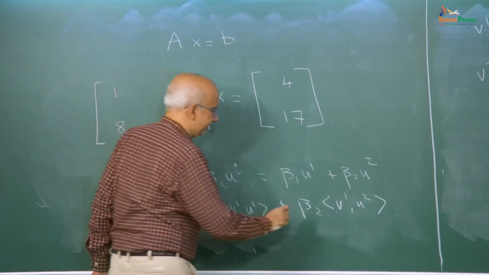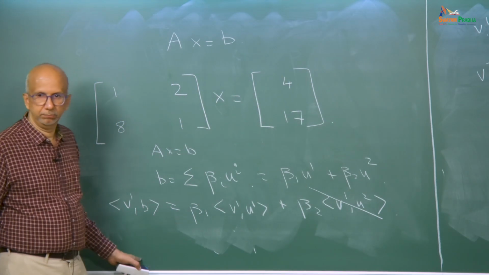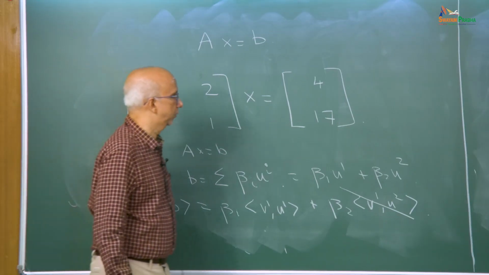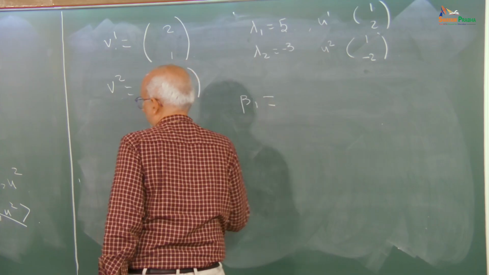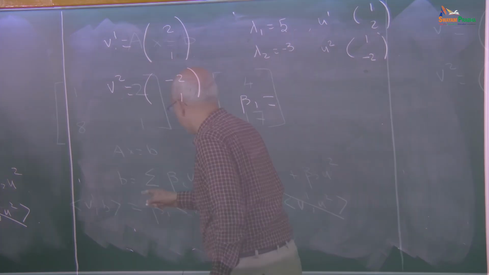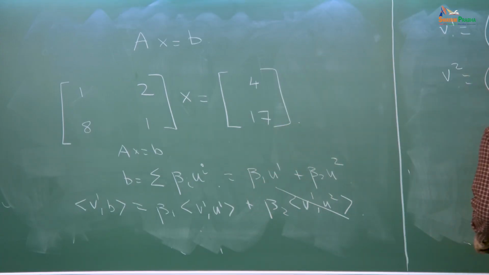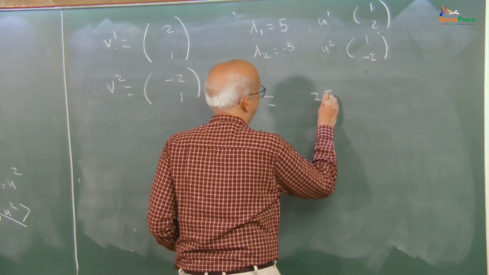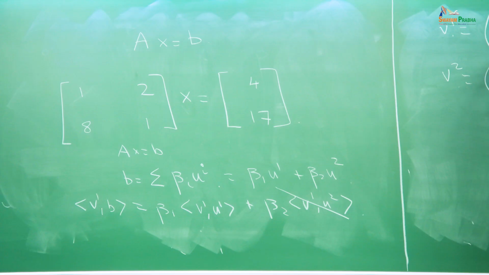So, this guy becomes 0 now, and I can calculate beta 1. Okay. So, what is beta 1? Inner product of V1 with B is 4 and 17. 4 2 is 8 plus 17, 25 divided by V1 with U1.